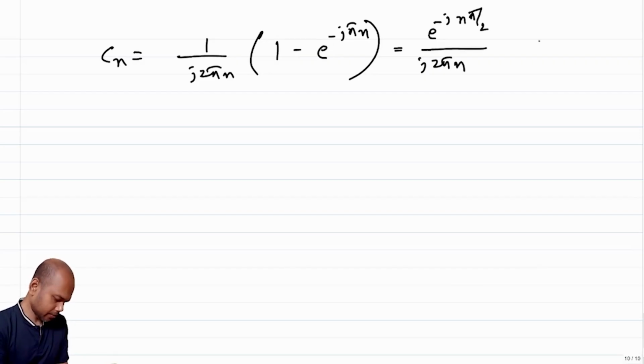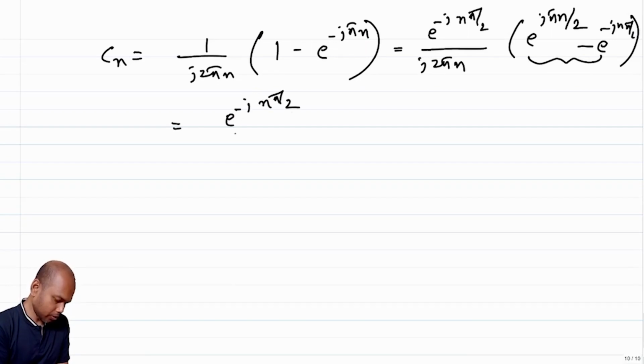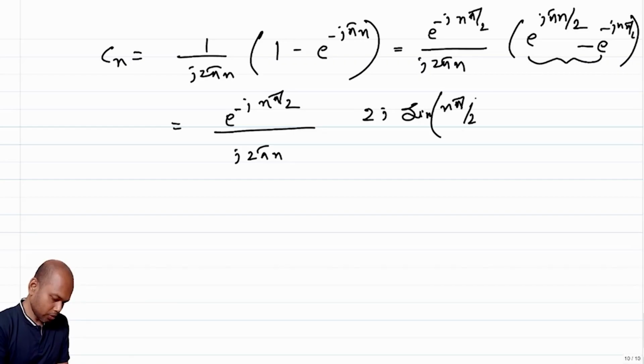The remaining terms, e to the power j n pi by 2 minus e to the power minus j n pi by 2, are essentially 2j times sine of n pi by 2. So this becomes e to the power minus j n pi by 2 by j times 2 pi n, times 2j sine n pi over 2.